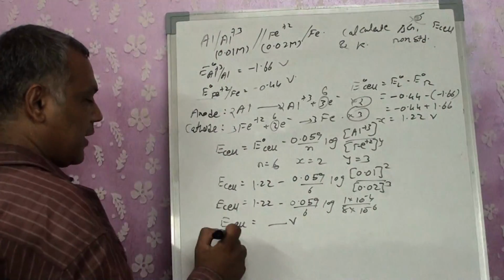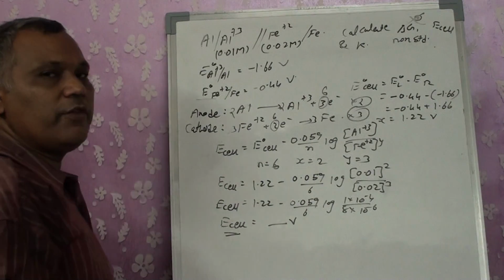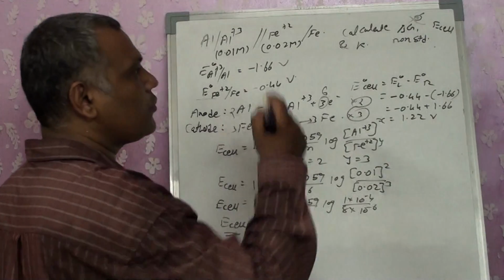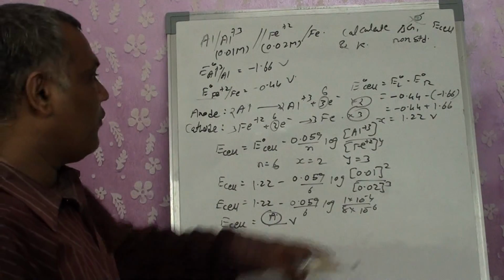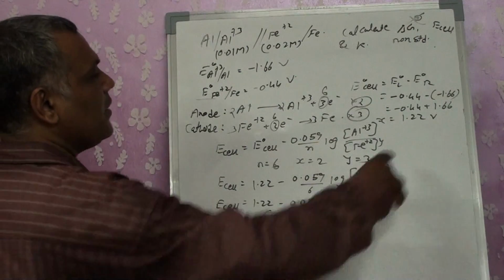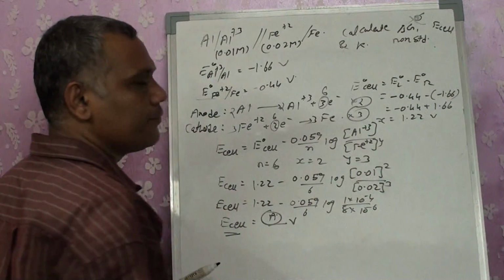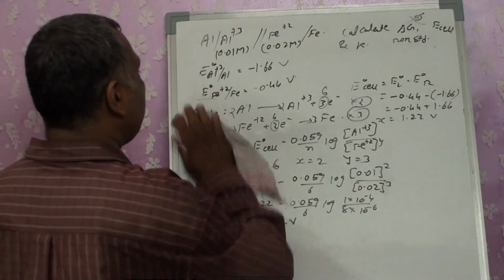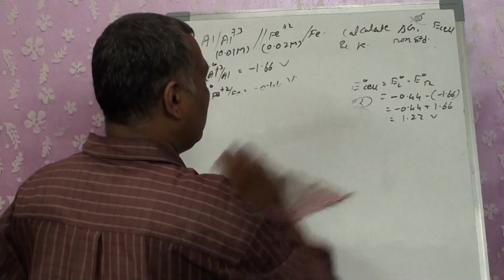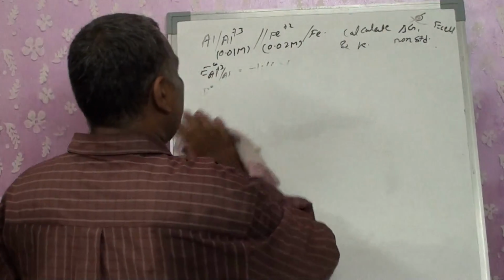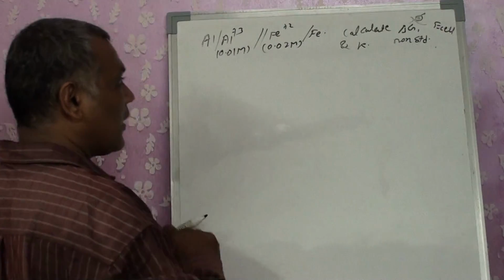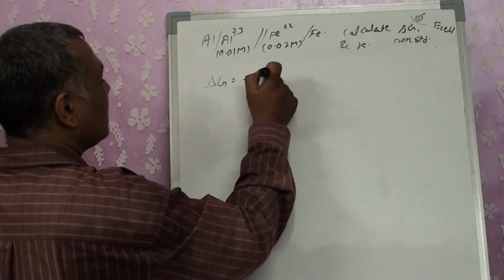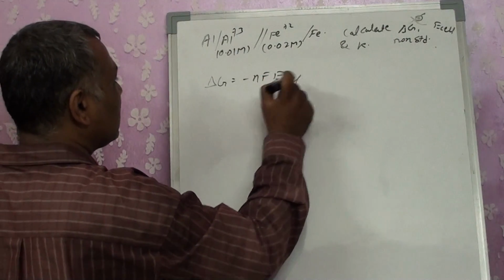So in that case, whatever cell potential we get in the non-standard condition, that we will have to apply. We can't use 1.22 volt directly, this is for the standard. So in that case, we calculate delta G is equal to minus nF E cell.